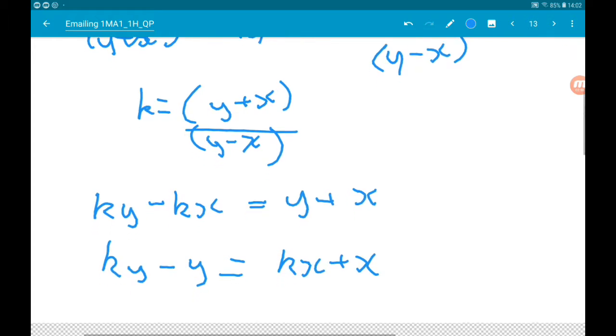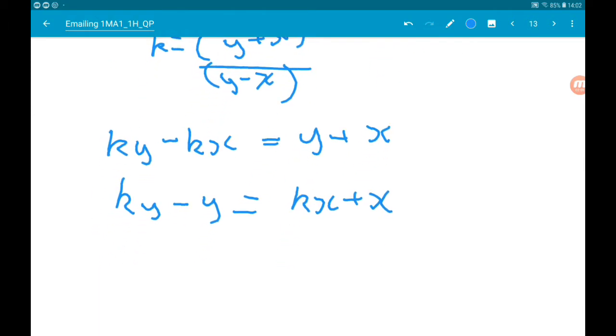Right, now both sides can be factorised. So ky minus y factorises to y times k minus 1 and kx add x factorises to x times k add 1.